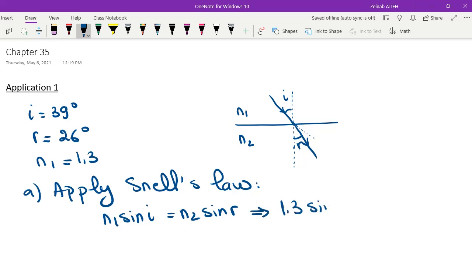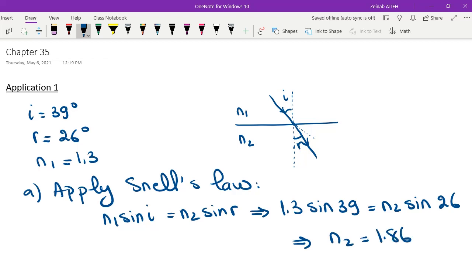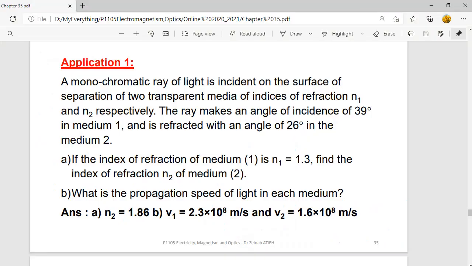N1 is given, it's 1.3 times sine 39, no need to change degrees to radians, equals N2 sine R, which was 26. This implies N2 calculated will be 1.86, and this is the answer.